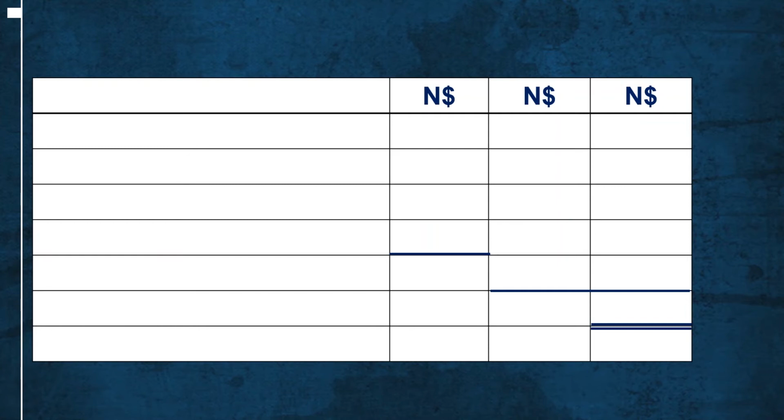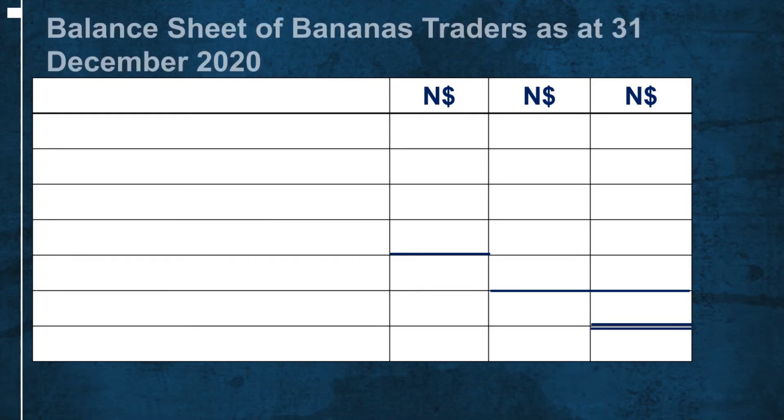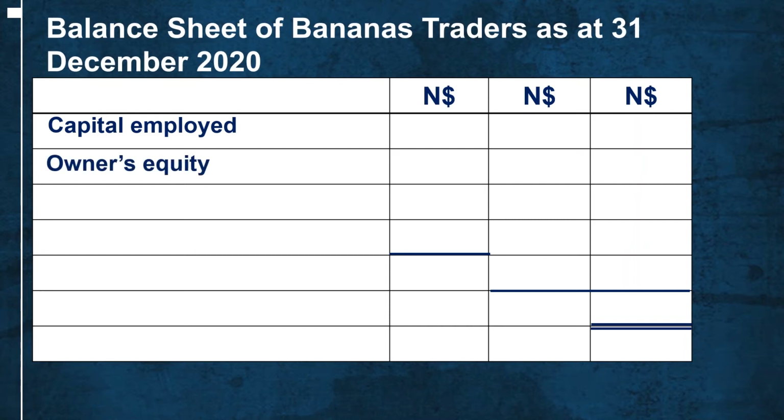Let us look at the format of the balance sheet. The balance sheet consists of 3 columns, and you always start with the heading of the balance sheet. We then continue by writing capital employed, whereby we calculate owner's equity. We take capital and record the amount in the first column, add net profit and record the amount in the first column.